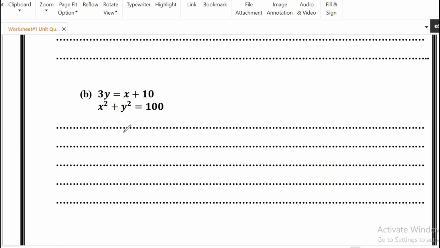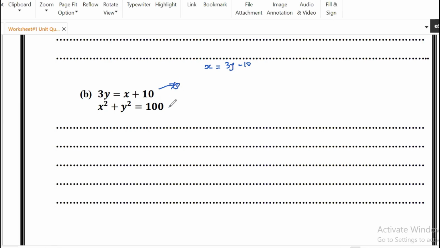Next one, we have again a simultaneous equation. One is linear, one is non-linear. So we will try to make the subject of the linear one and then substitute in the non-linear form. For example, from here we can easily take the value of x from the linear side, means x is equal to 3y minus 10, and then replace this value of x in 2.